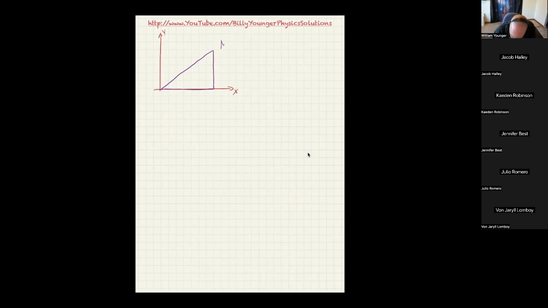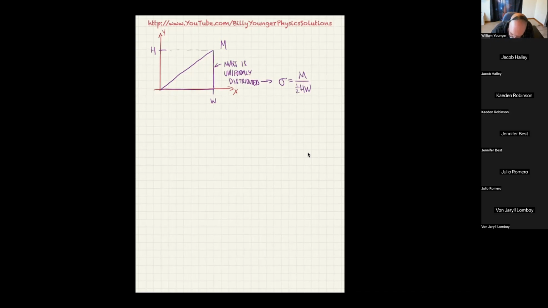It has a mass, big M, and let's say this is a width W, and this is a height H. And I'm going to say mass is uniformly distributed. And that means that sigma is the mass divided by 1/2 h times w.